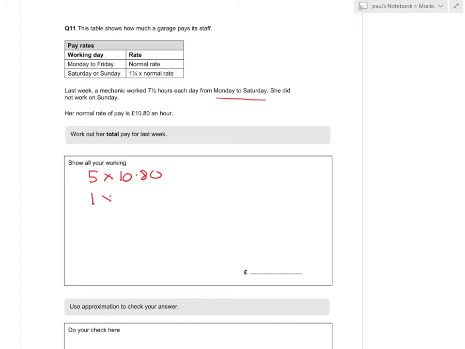So on Saturday she worked one day, times 10.80, it's normal pay, times 1.25, times 7.5, and that should give us the money for Saturday.